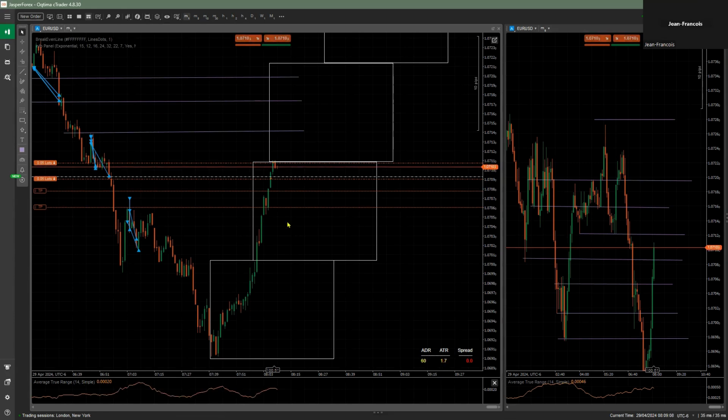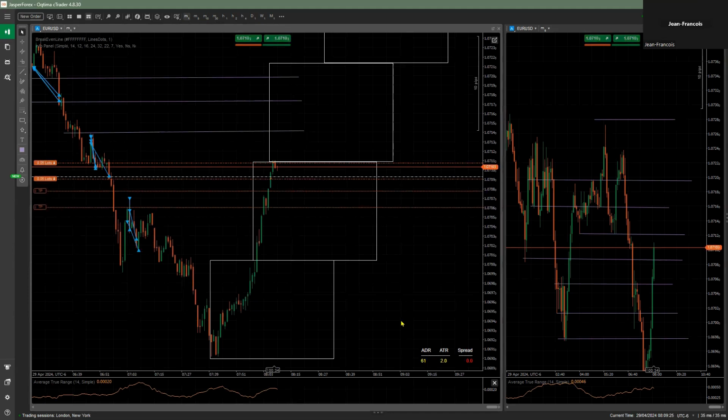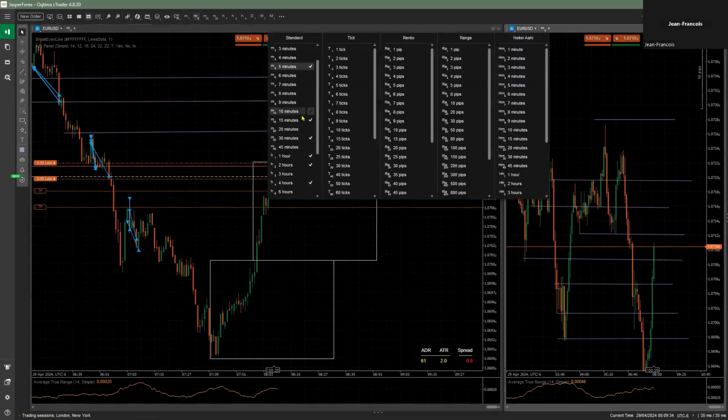This is 1.7. Let's double check what kind of calculations we're running here. Let's put this on simple. This is looking at 15 bars, and I'm looking at 14, so I'll change this to 14. And now we have the same number, and that should be closer to the truth.